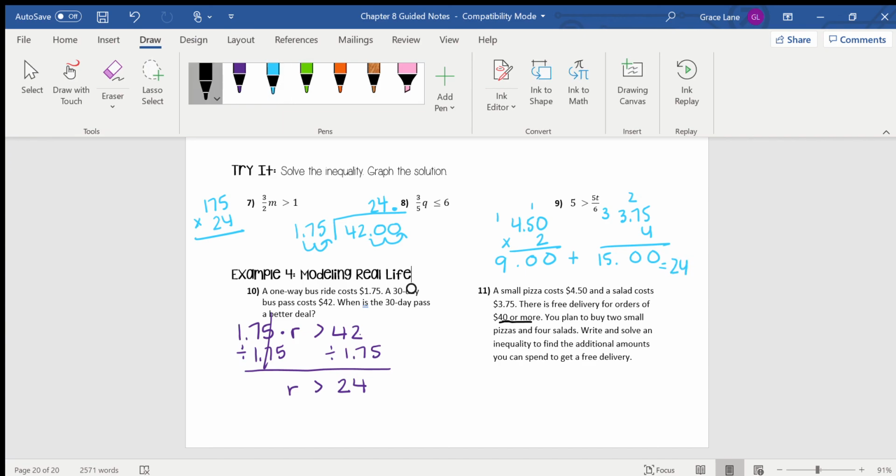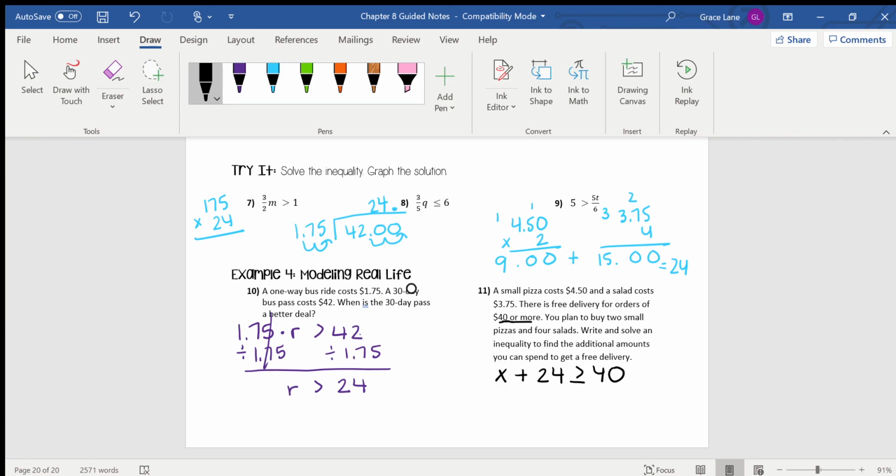And so to write an inequality, what they're saying is you're going to spend $24 plus however much the additional amount you need to spend. So the additional amount I'm going to say is X plus the 24 on pizza and salad. I want the free delivery, which is $40 or more, so it can be greater than or equal to $40.